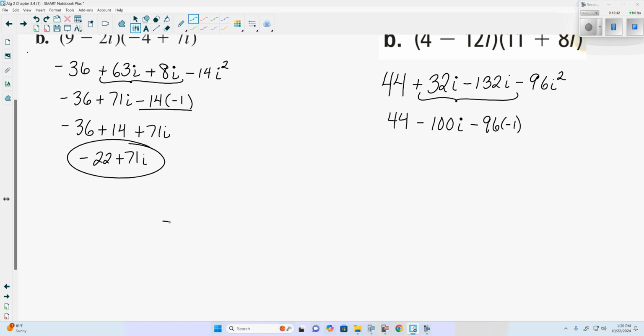Now i squared is negative 1, which is just going to change 96 from negative to positive. And lastly, we'll add 44 and 96 and get 140. Questions on this here?